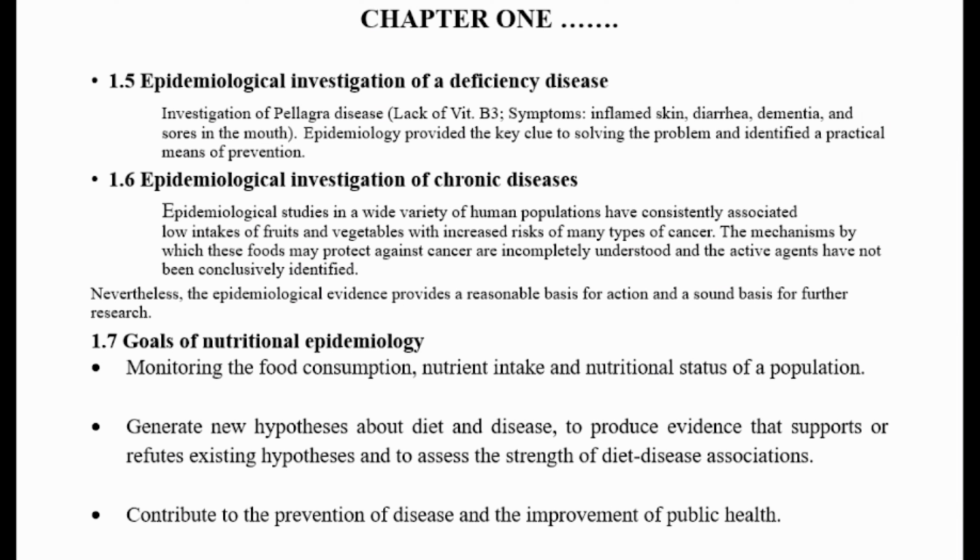Because at first, people were suffering from pellagra, but in the same area there were other people who were not suffering from pellagra. So an epidemiologist was trying to think, what is the cause of this pellagra? And then they came to realize that the community members who were suffering had household members who were working in one of the industries, where they were provided with food during breakfast and during lunch.